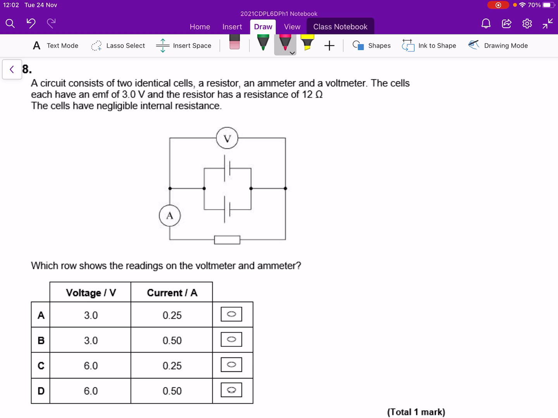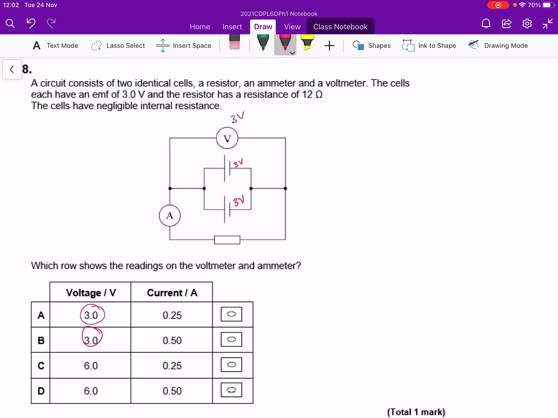Some cells here, each 3 volts EMF, negligible internal resistance, 12 ohms there. Okay, what's the readings on the voltmeter and ammeter? Okay, so when they're in parallel like this, this is a 3 volt cell, this is a 3 volt cell. But you can sort of appreciate that if you just follow one loop around the circuit like this, there's just 3 volts, right? So this voltmeter will read 3 volts as well.